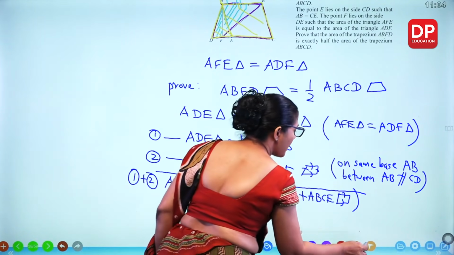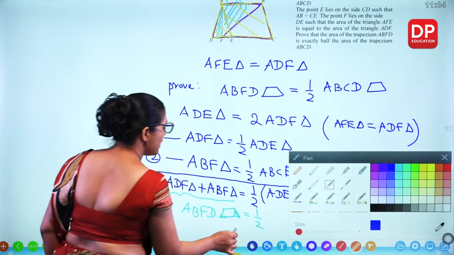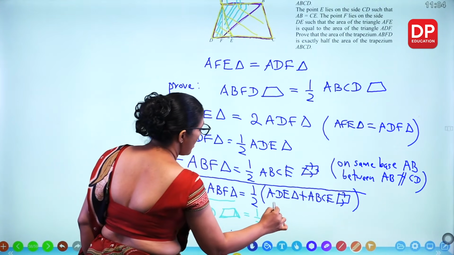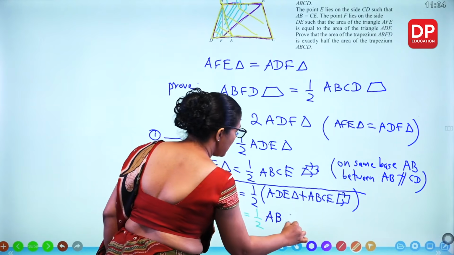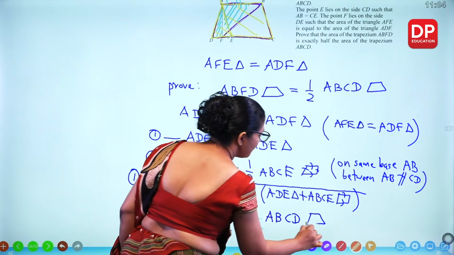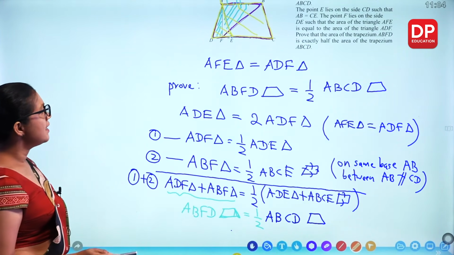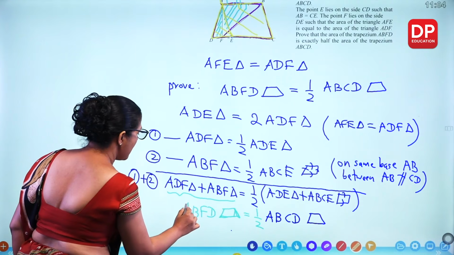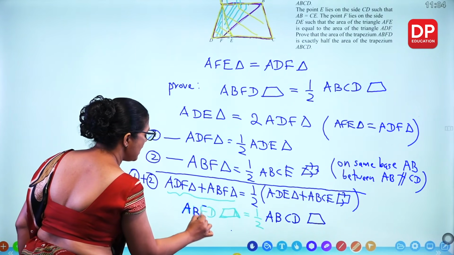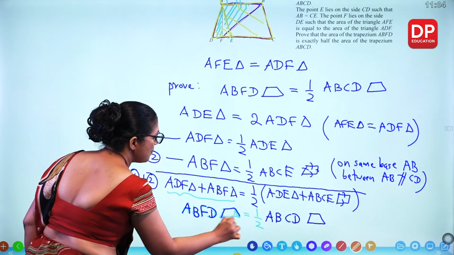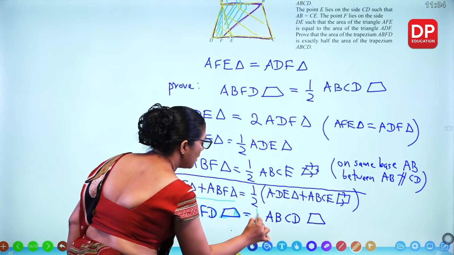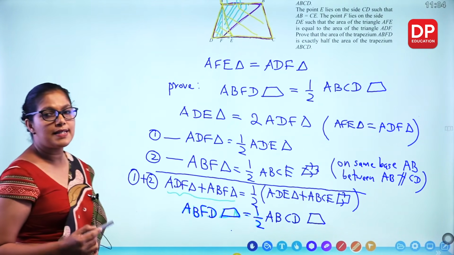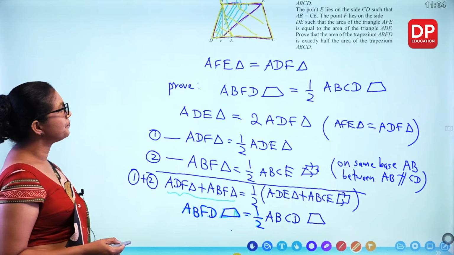So I can write instead of that, this is half of ABCD trapezium. So finally we got ABFD trapezium is equal to half of ABCD parallelogram.